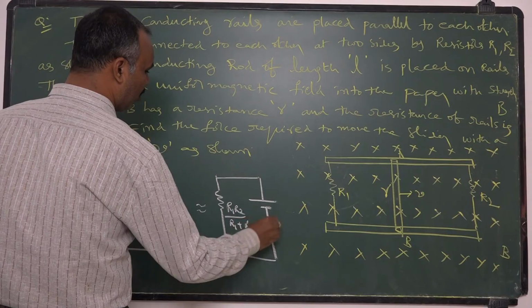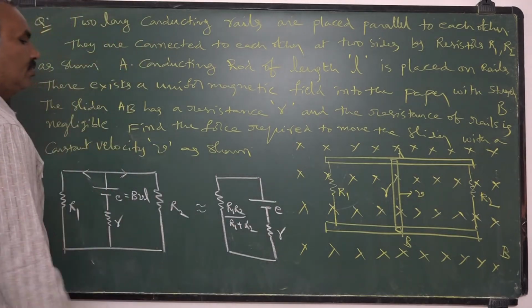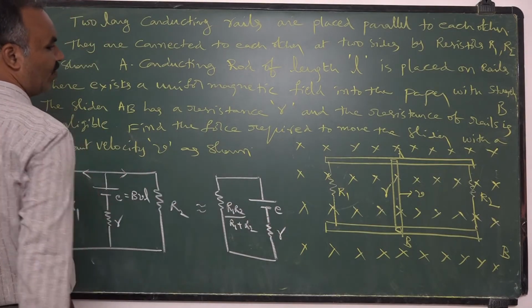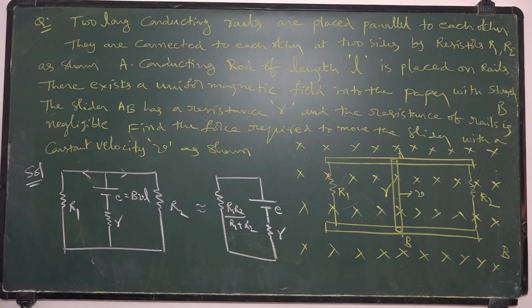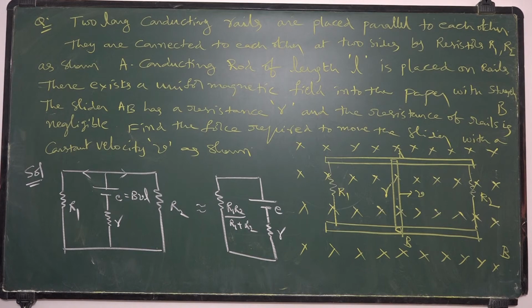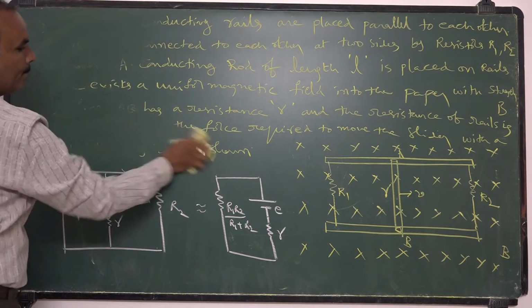Here EMF E is there, internal resistance small r is there. This small r is in series with the effective resistance R1 R2 by R1 plus R2. Now let me do the solution here.